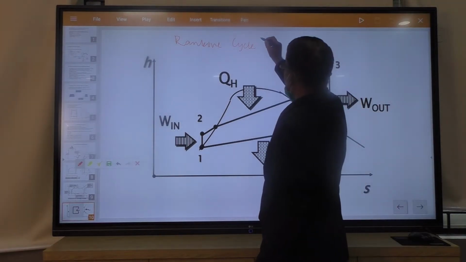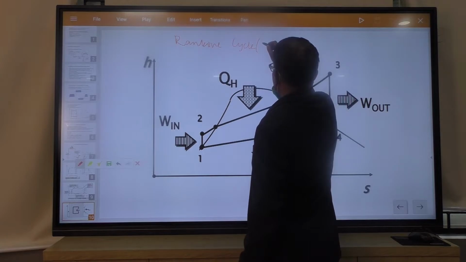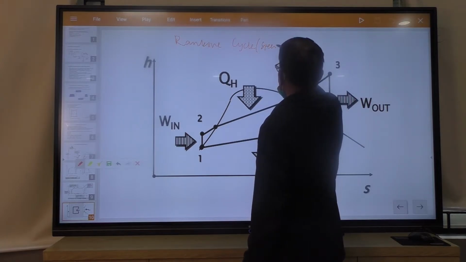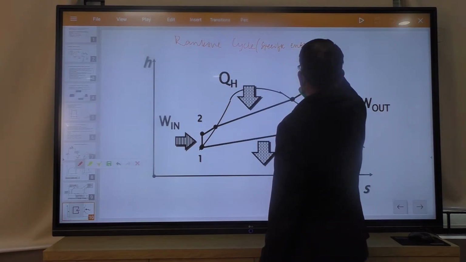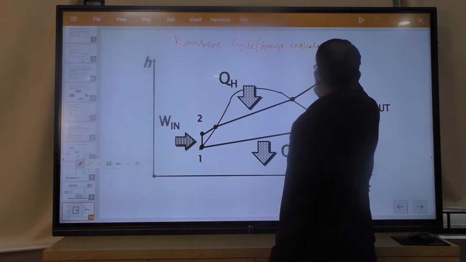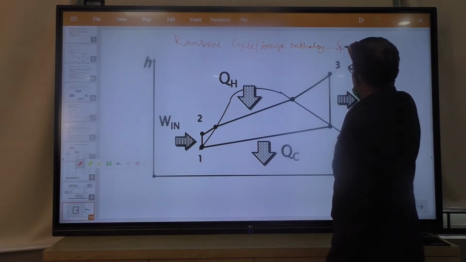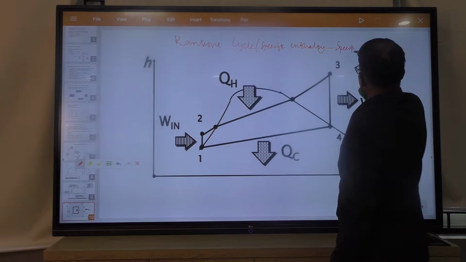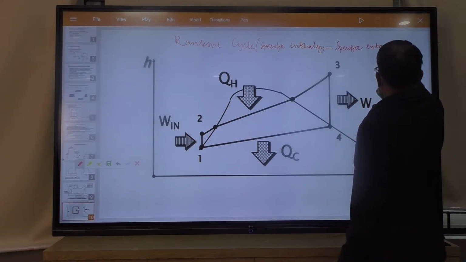This is specific enthalpy and specific entropy diagram.